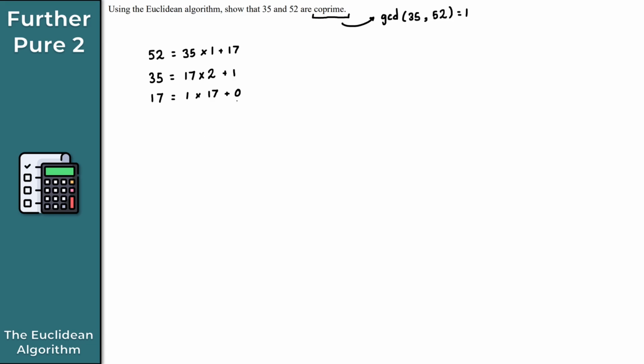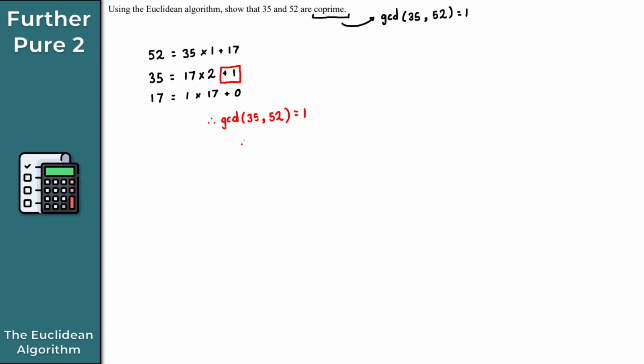And again, once we reach a remainder of 0 here, all that tells us then is the algorithm is complete, right? So at this point here, our remainder now is the last non-zero remainder. And therefore, in that case, then the GCD of 35 and 52 here is equal to 1, which is exactly what we wanted to show, right?